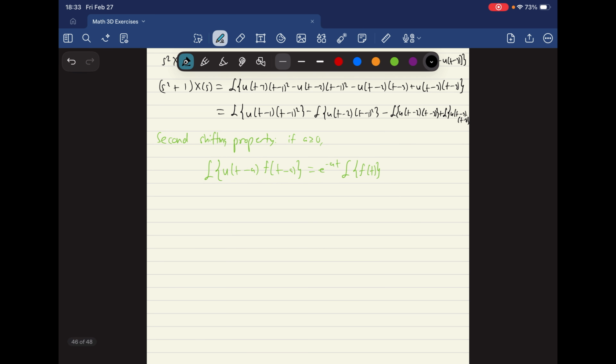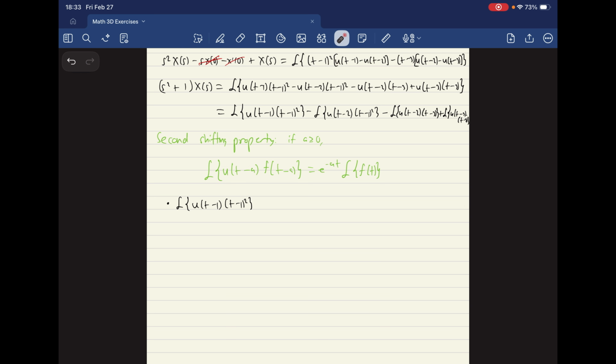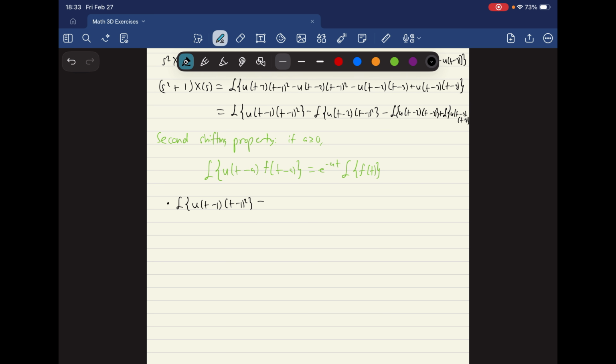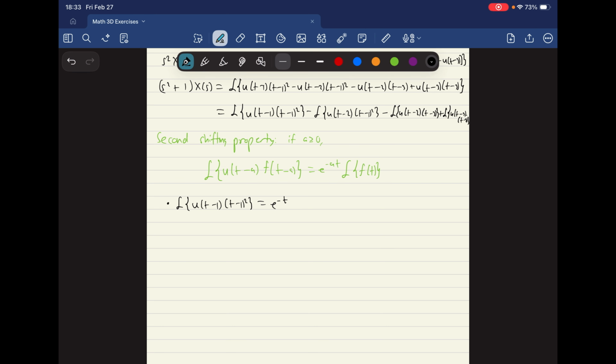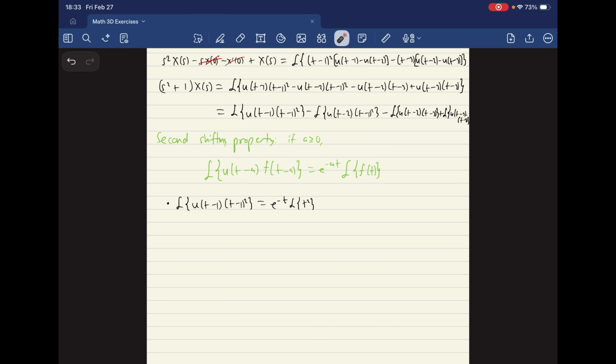And so we get that L of u of t minus 1, t minus 1 squared, just from the second shifting property, is going to be e to the minus s. So there's no 1, I just dropped it because it's just a 1. And then we have the Laplace transform of t squared, because we're plugging in t minus 1 into our f, which in this case is t squared.